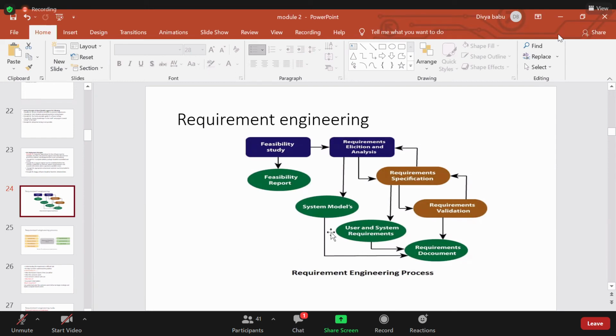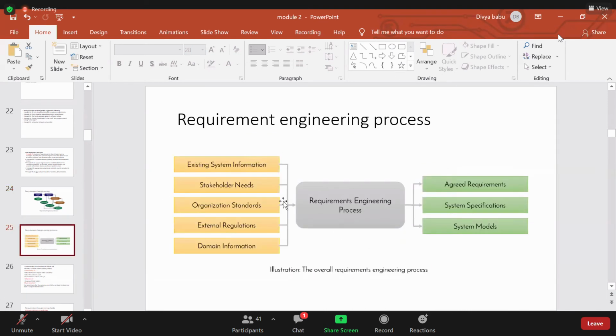It will contain feasible, manageable requirements. So the requirement engineering process inputs are existing system information, stakeholder needs, organization standards, external regulations, and domain information. All are inputs to the requirement engineering process. From that, based on the standards of the organization and regulations, and comparing with the existing system information, stakeholders can go for agreed requirements, system specification, and system model.